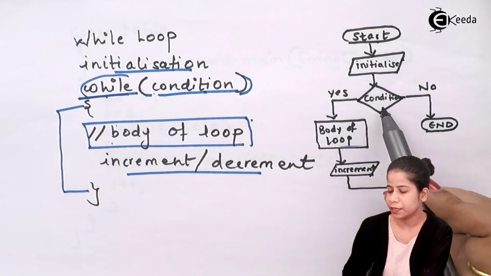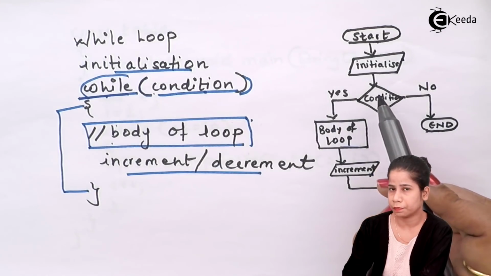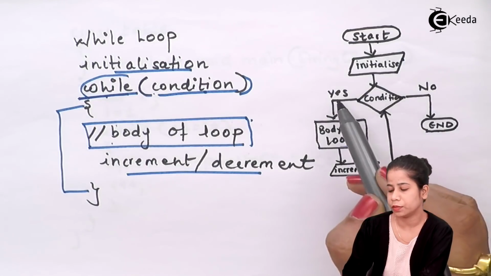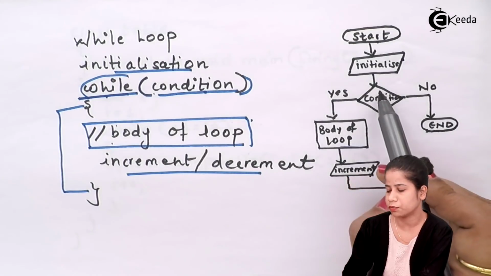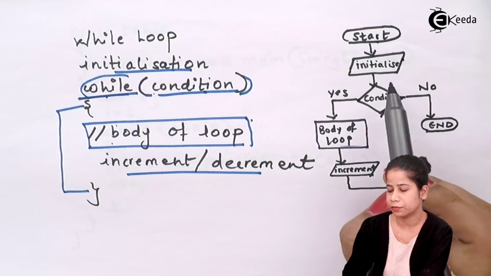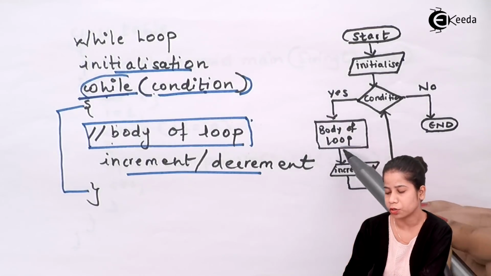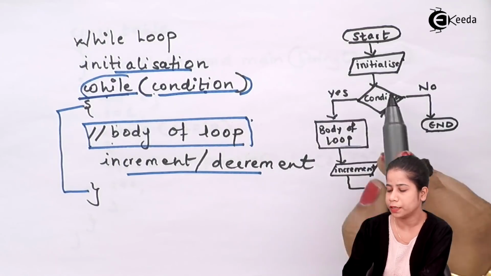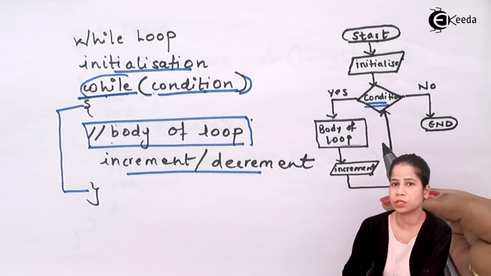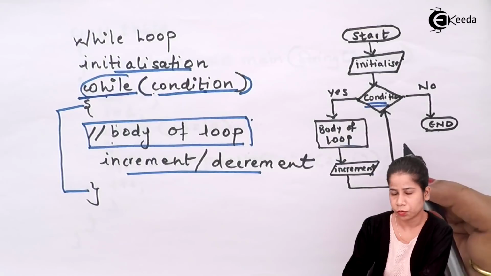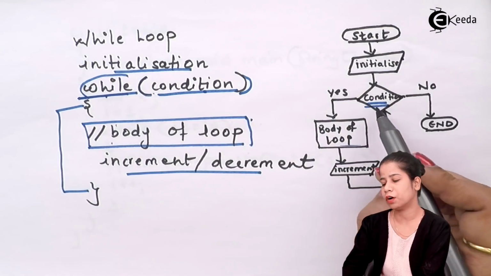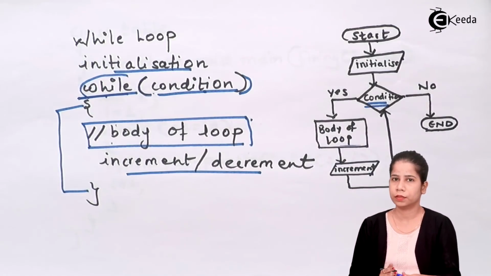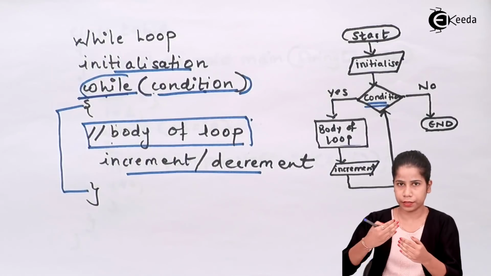If it is false, it ends. If it is true, the body of the loop executes again. This cycle goes on till the condition becomes false. Once the condition is false, you come out of the loop and can further execute the code.